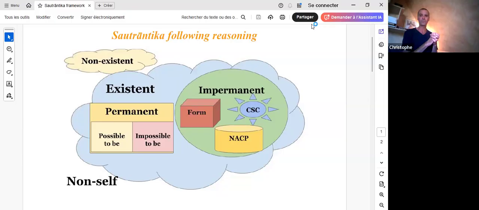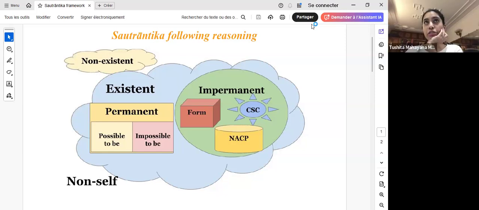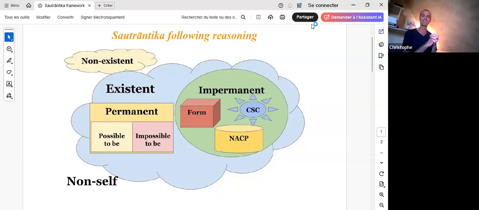But for now, the definition of existent is that which is established by a valid perception. Yes, very good, Shalila. We could say that which is observed by a valid cognition. That is good as well. That which is established by a valid cognition is the definition of established base. It is equivalent with existent.